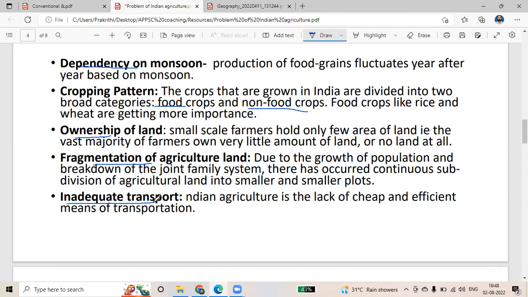So that is another problem in Indian agriculture.